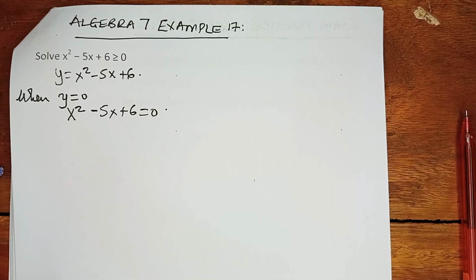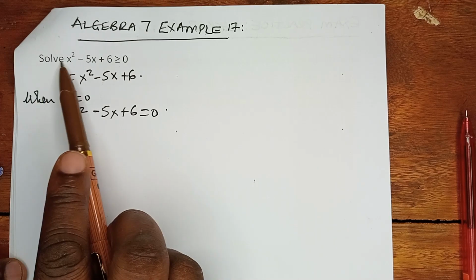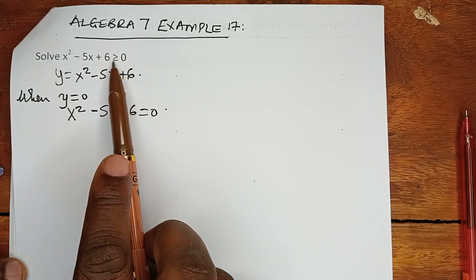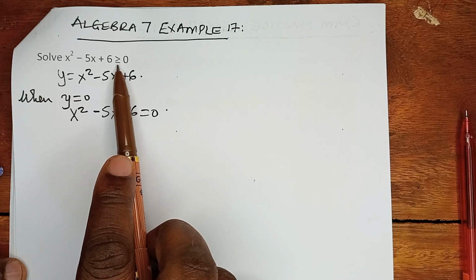In this video, we understand example 17, Algebra 7, still dealing with quadratic inequalities. You're told to solve x squared minus 5x plus 6 is greater than or equal to 0. Keep your eye on the symbol of greater than or equal to.